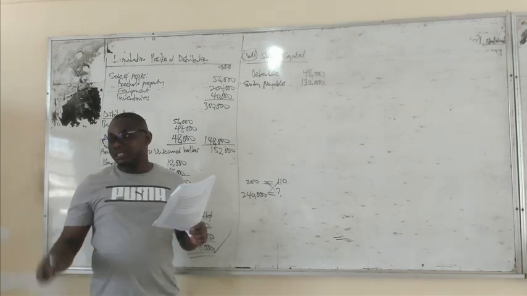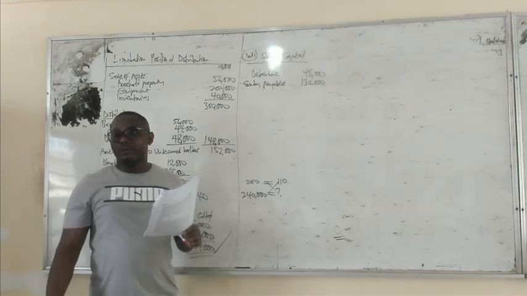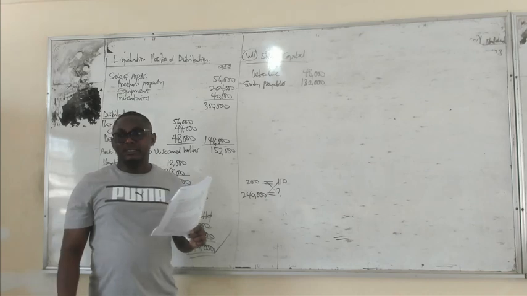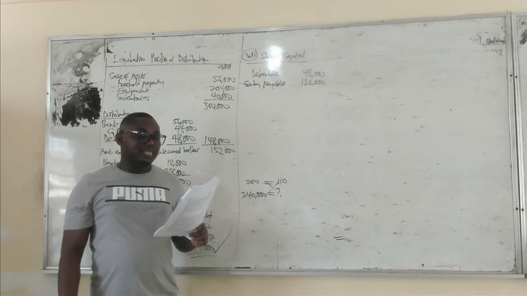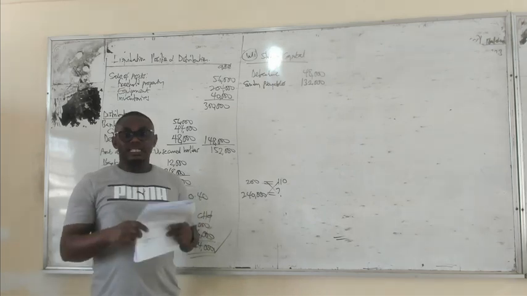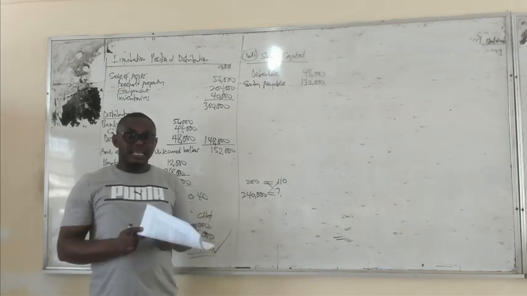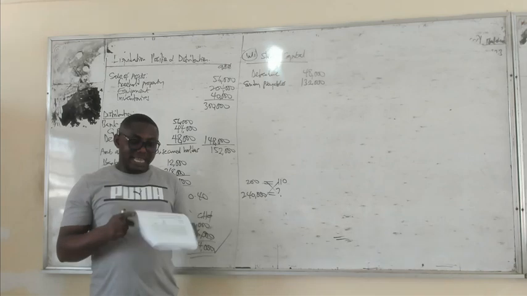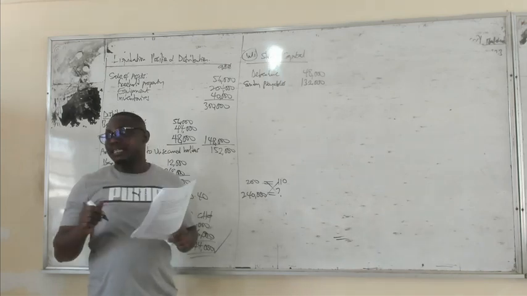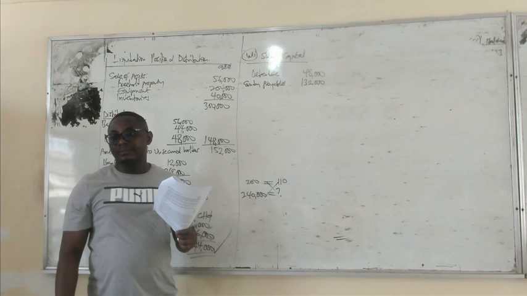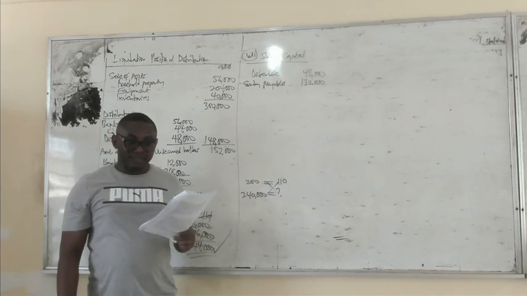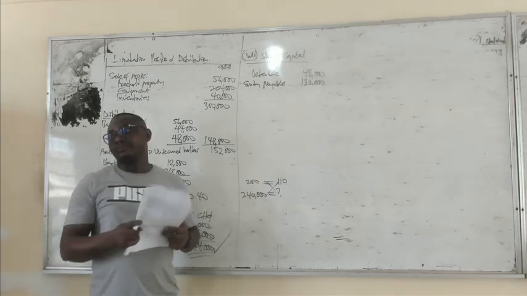So just write minus 108 attached to the question, so that when you are doing the presentation, you will not forget. So where the equipment figure is, the 468, you just write minus 108,000, so that you will not forget. Okay. What next?